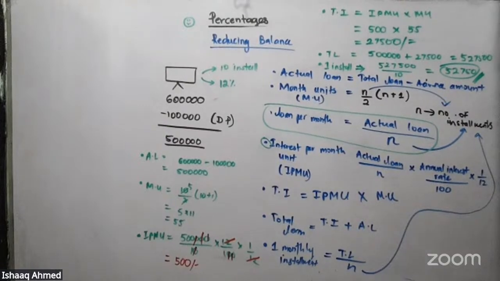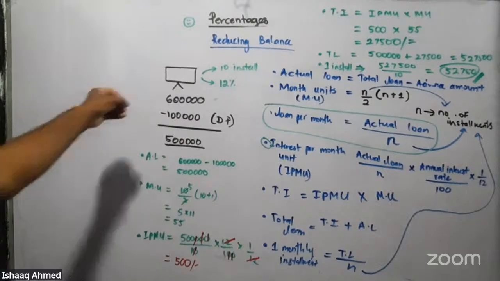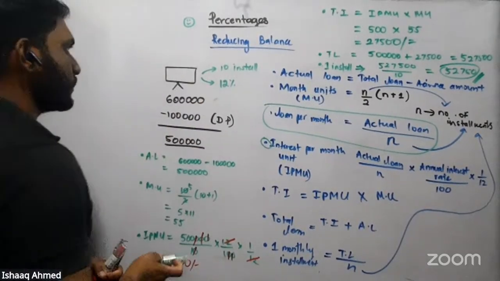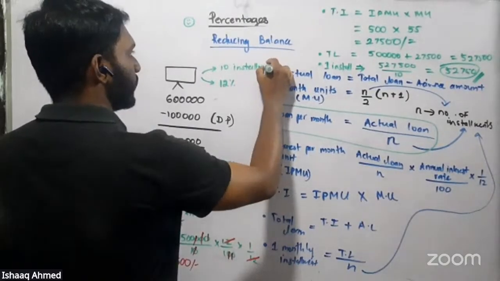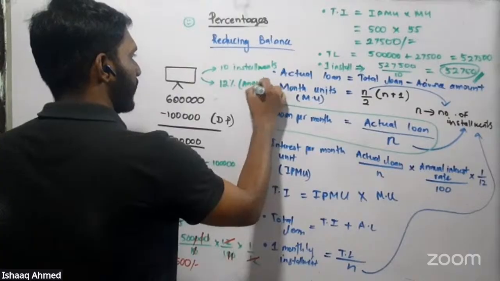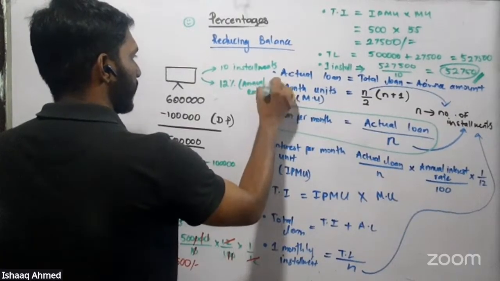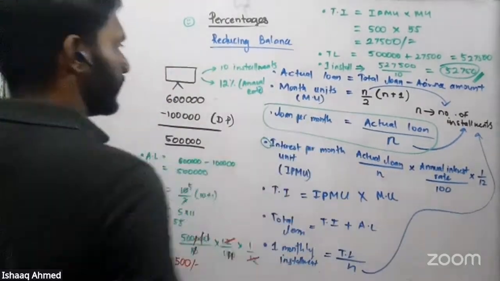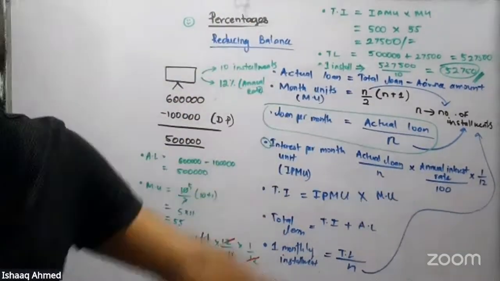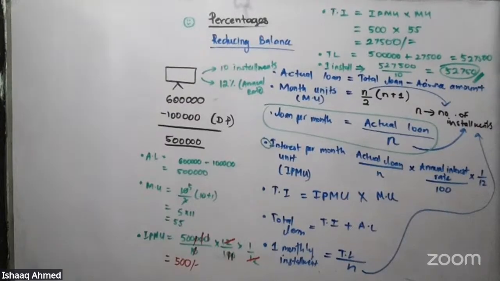Okay. So write this example somewhere. Take the TV's price and 10 installments, 12% annual rate. Copy this down quickly. Copy the formula. I hope you already did. And then do this question. Copy the example question.